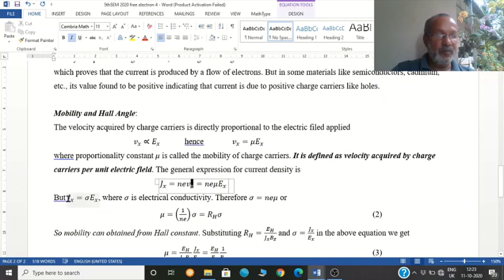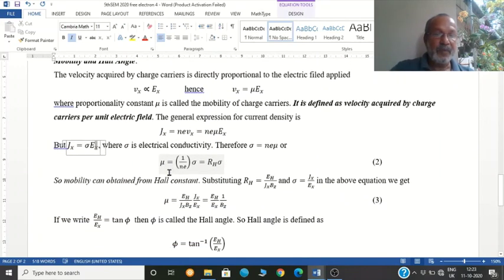But we know that from Ohm's law J equal to sigma E. So you substitute that in this equation, then you will get sigma into Ex equal to Ne mu into Ex, cancelling E on both sides, and solving for mu, you will get mu is equal to 1 by Ne into sigma. And we already know that this 1 by Ne is nothing but the Hall coefficient. So Hall coefficient multiplied by conductivity will give you the mobility of the charge carriers.